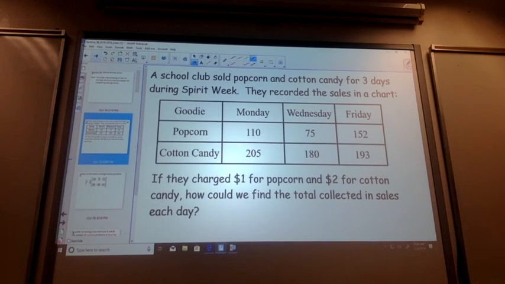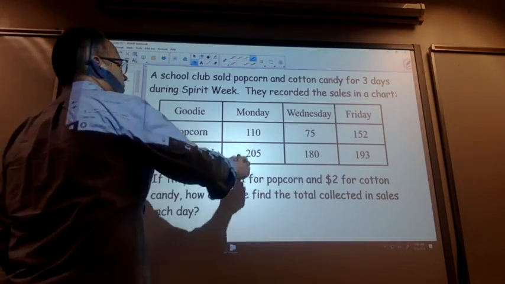Let's see. A school club sold popcorn and cotton candy for 3 days during Spirit Week. They recorded this in their sales chart. If they charge $1 for popcorn and $2 for cotton candy, how would we find the total collected in sales for the day?